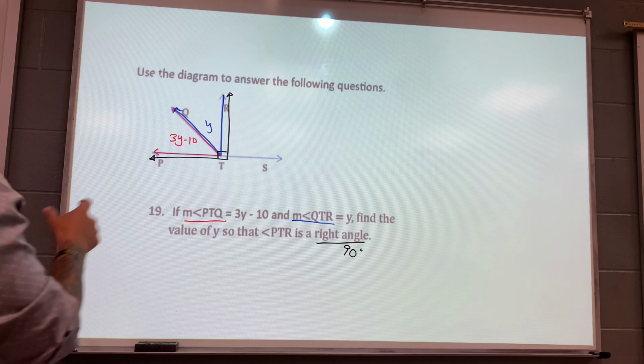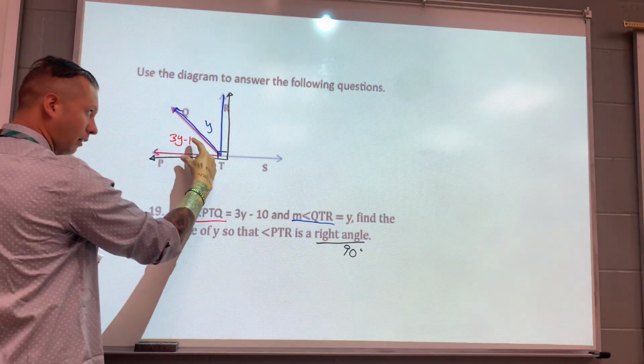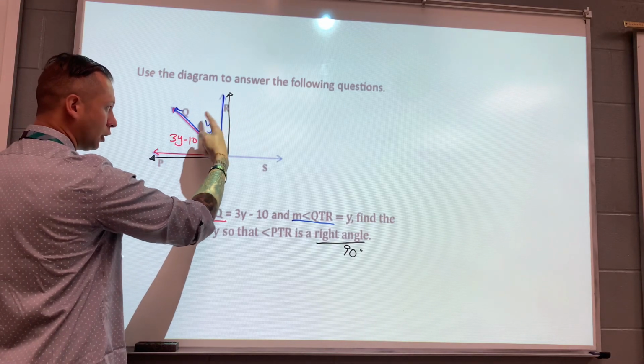So we're going to add these two things together and set it equal to 90. This angle plus that angle should equal the whole angle.